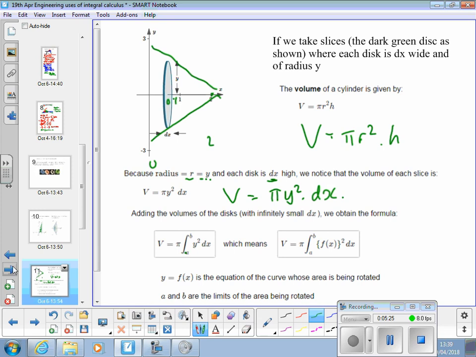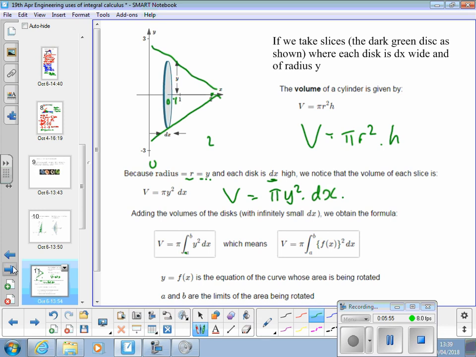Right, the integral limits are 0 and 2. We just integrate y squared with respect to dx. So that gives us our volume. Right? So when we integrate y and multiply by pi, we get the volume. You will do that. Alright?